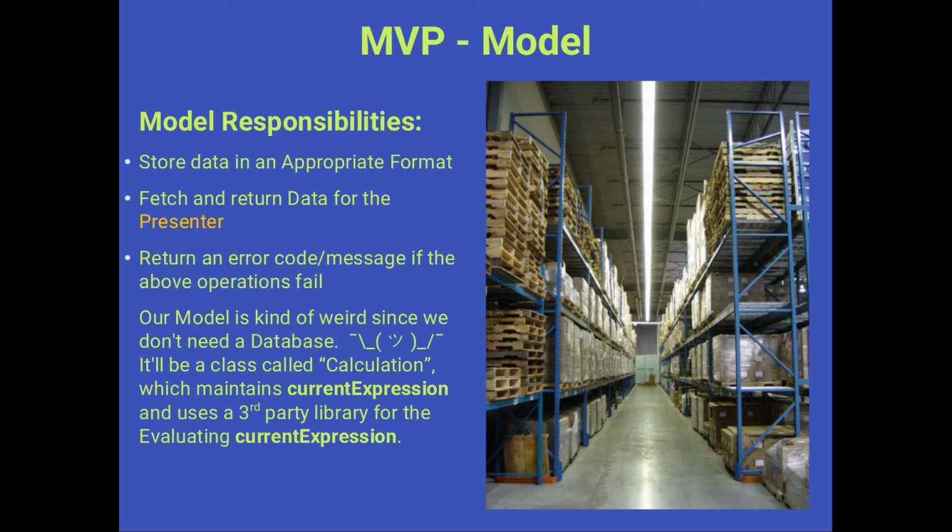So our model is a little bit weird because we're not really working with actual storage. Our current expression is really only stored based on the activity's life cycle. It's not maintained in a shared preference or anything like that. So what I decided to do is I decided that our model is going to be smarter than it normally is.